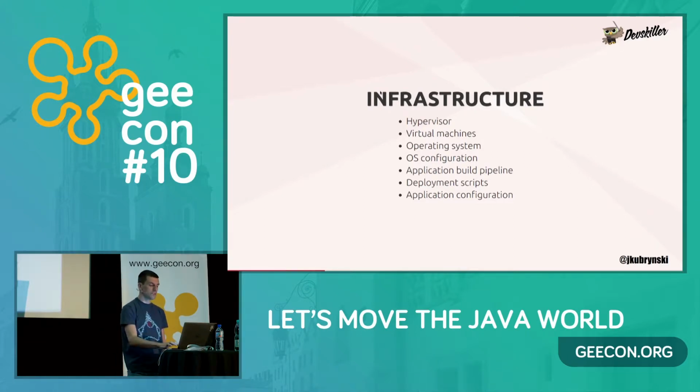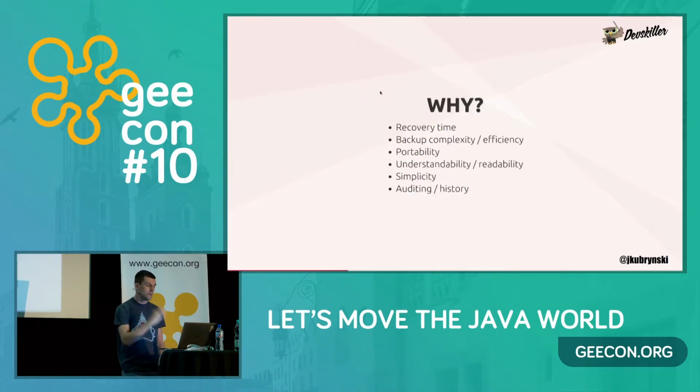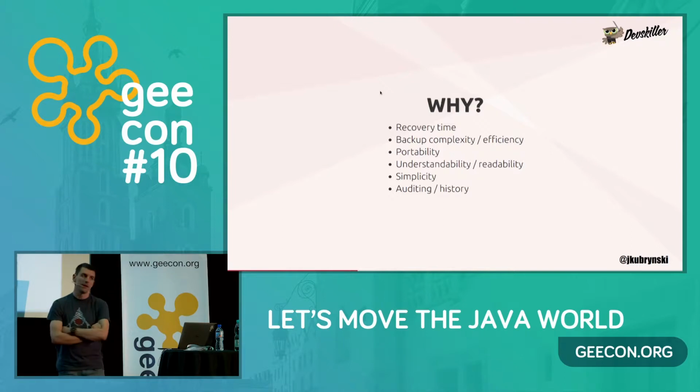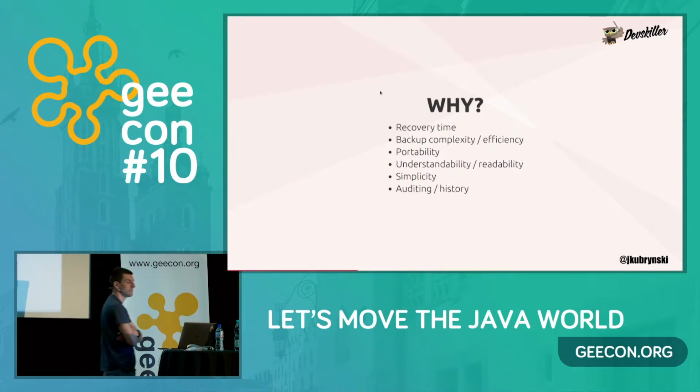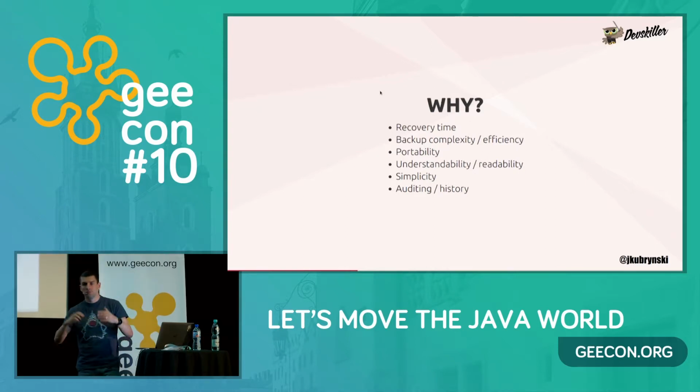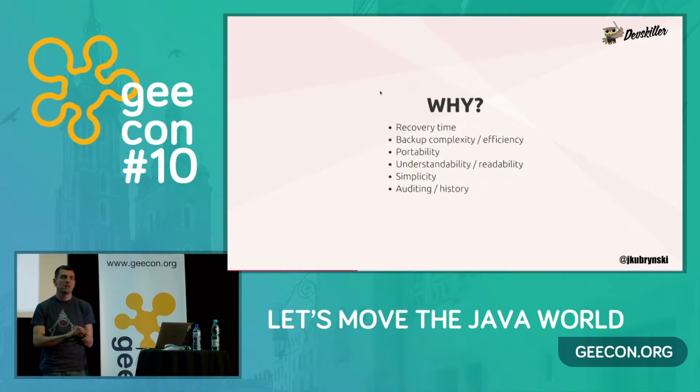So now the question is, why should we even think about automating this stuff? There are different answers depending on the context you are working in. The first thing, I think the most important one, is the recovery time. If you have your own production environment running on some cloud environment, let's say that this cloud environment is destroyed right now.